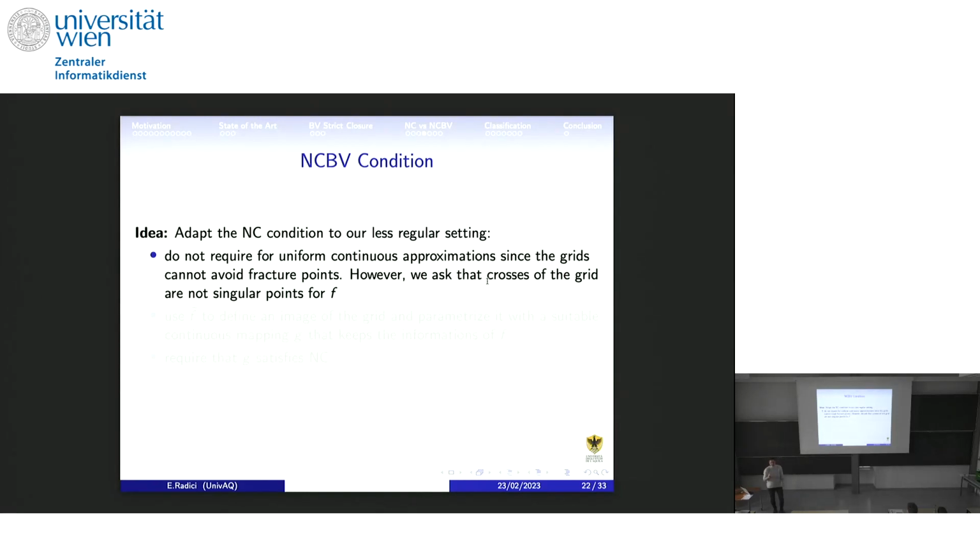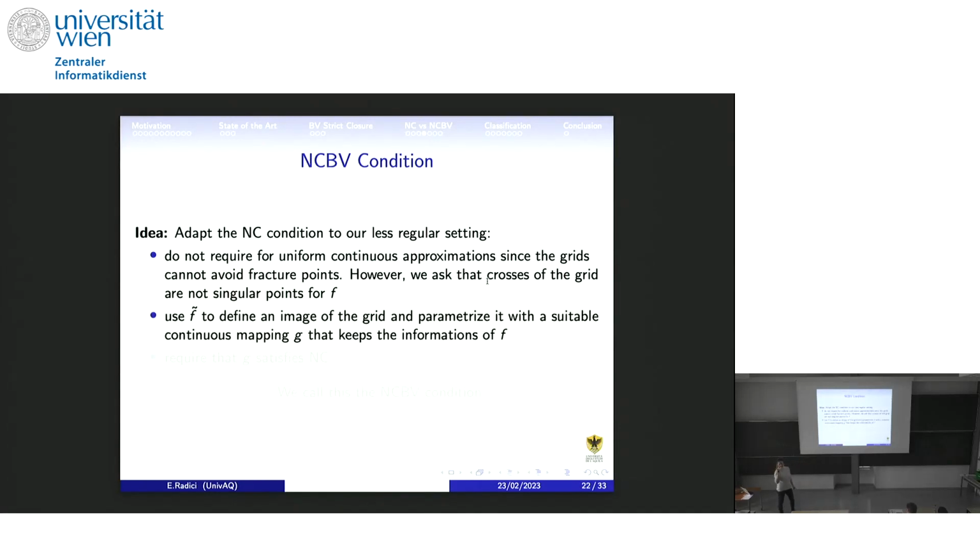Since fracture discontinuities have H1 measure strictly positive, we are in a plane, so in general H^(n-1) measure strictly positive. You cannot ask your grid to avoid fracture points. You will have jumps on the grid, for sure. So you have to deal with these jumps somehow. There is one thing that you can ask: that the crossings of your grids are not on the jump points. This we can ask.